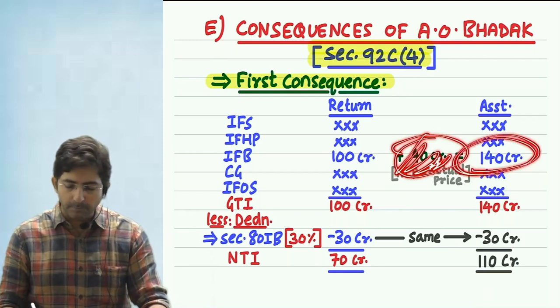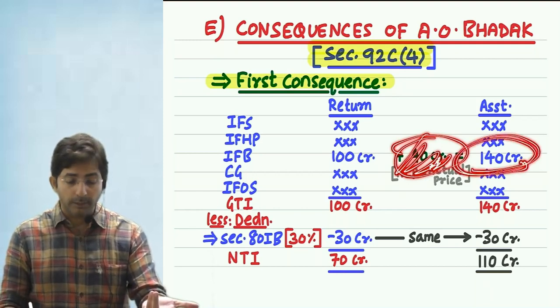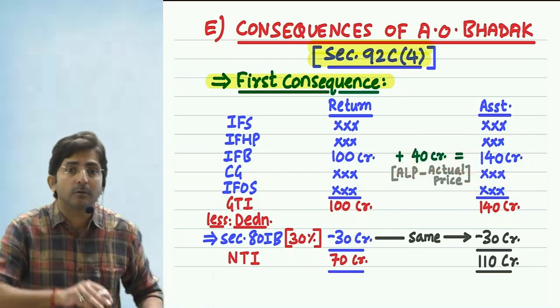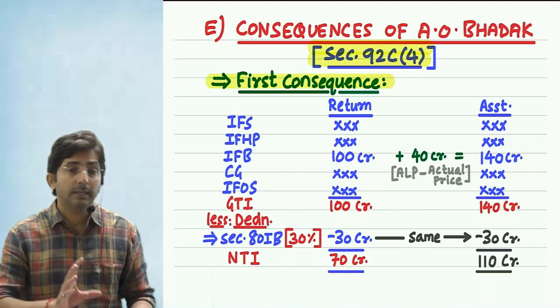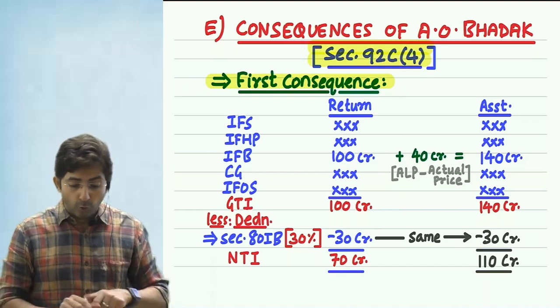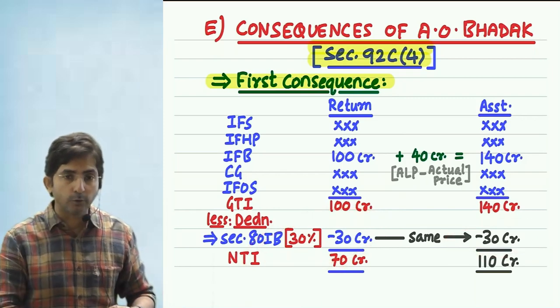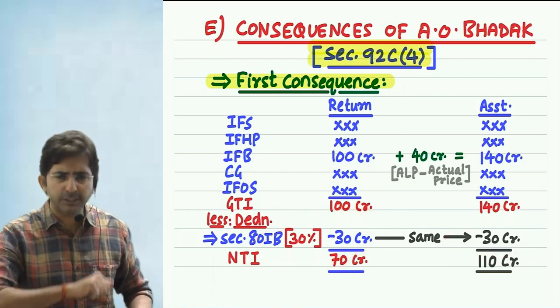Then if your income becomes 140, your 30% will be on 140. On this there was a case law where the argument was that the deduction will not change, but the judgment was: why won't it change?